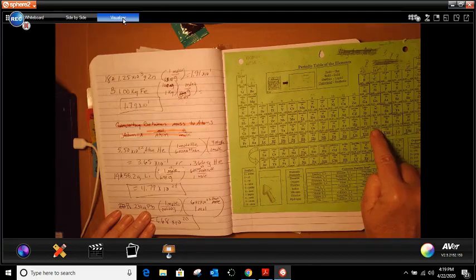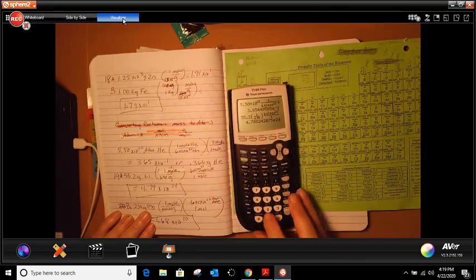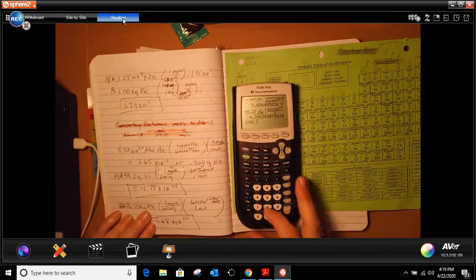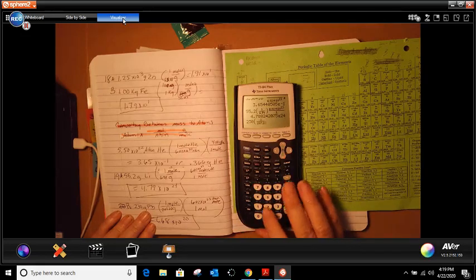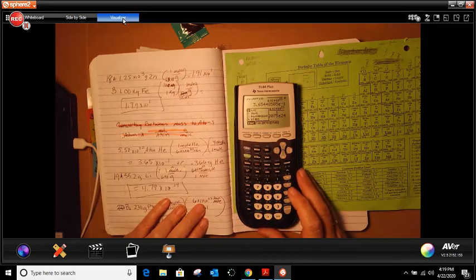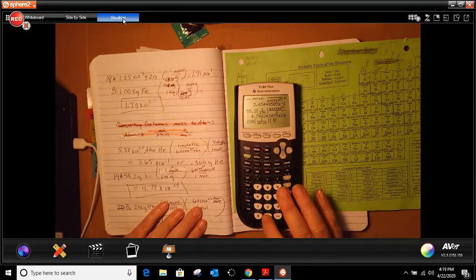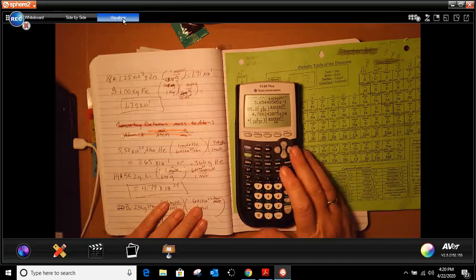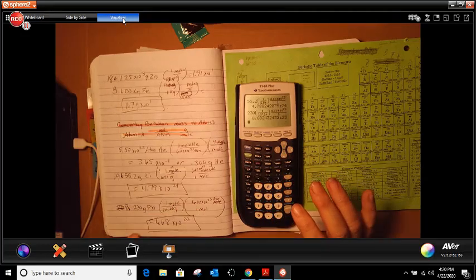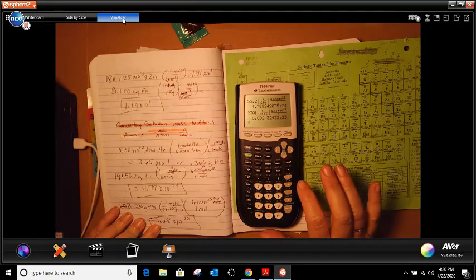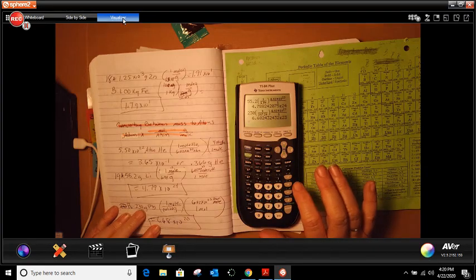So that is 207.20. Okay? So calculator again. 230, open bracket, alpha y enter, 1 over 207.20, close bracket, open bracket, alpha y enter, 6.02 times 10 caret 23 down 1 over, close bracket, and I get 6.68 times 10 to the 23rd power.